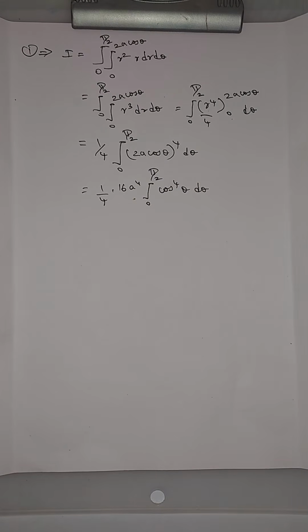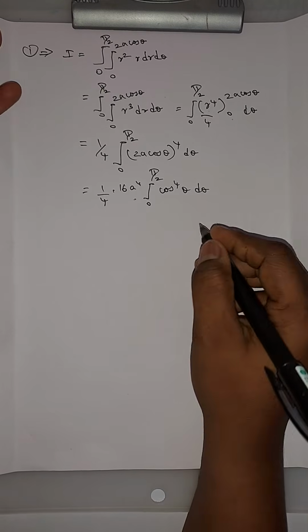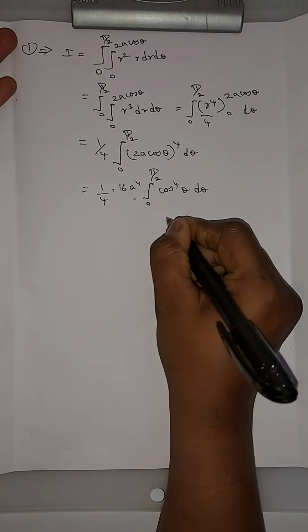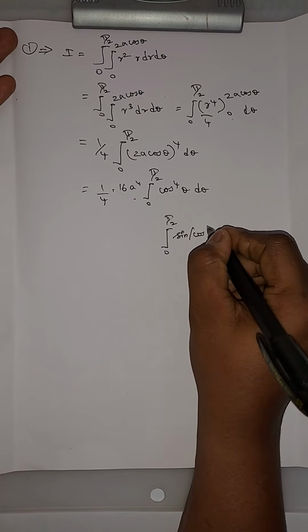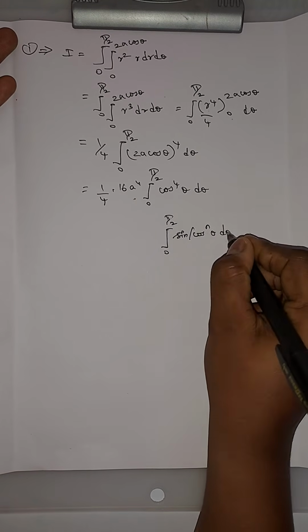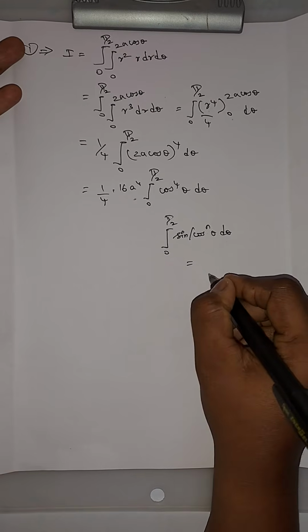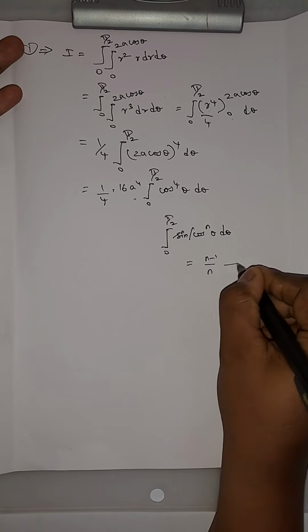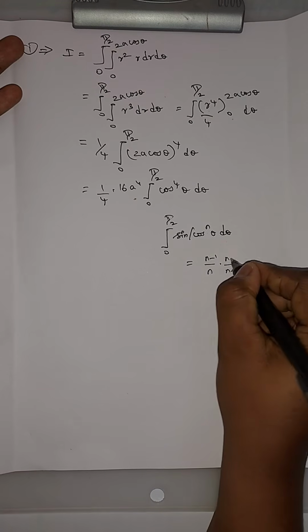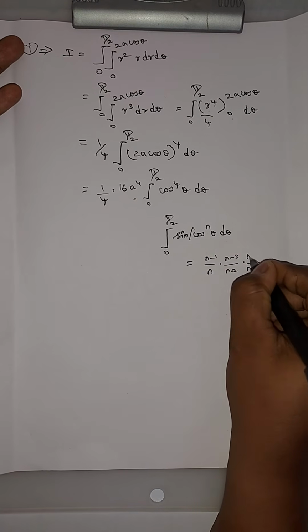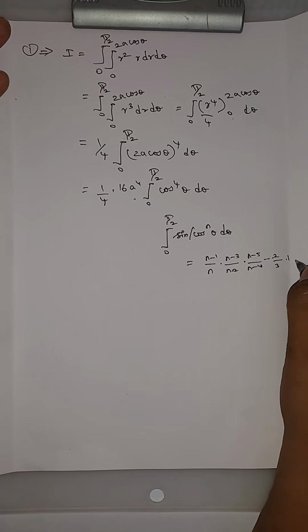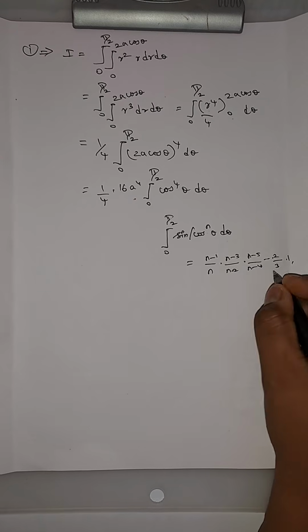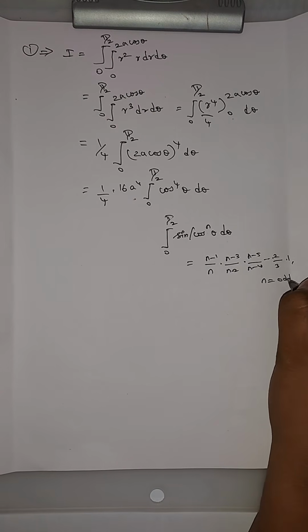And here we are going to apply a formula. The formula is: the integral 0 to pi by 2 of either sine or cos power n theta d theta is given by n minus 1 by n, times n minus 3 by n minus 2, and so on, up to 3, 2, 1 in the case of n odd.